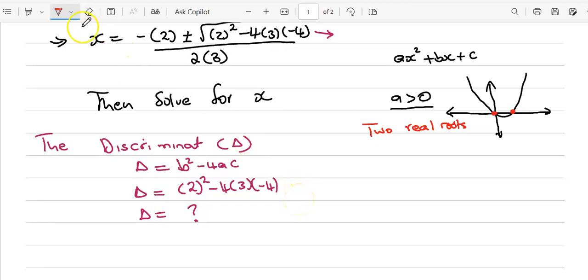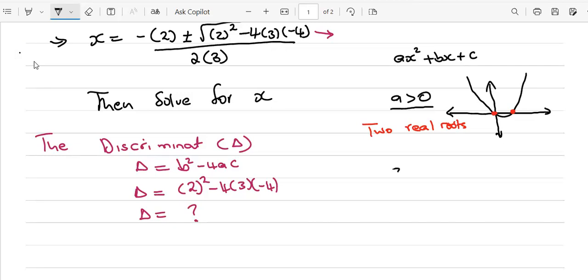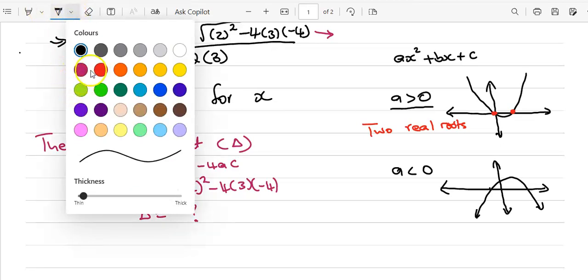If the graph is concave down, it means that the value of a is less than 0. Our graph will be concave down. It will have a sad face. When it has a sad face, we can see that we have the roots there.